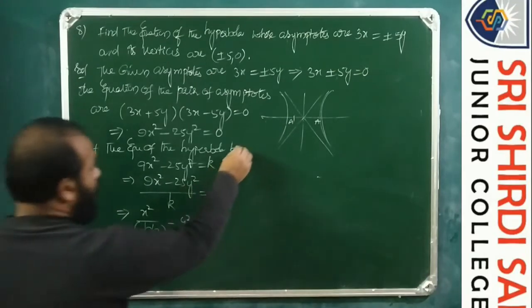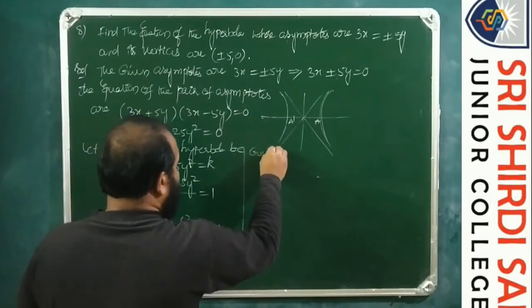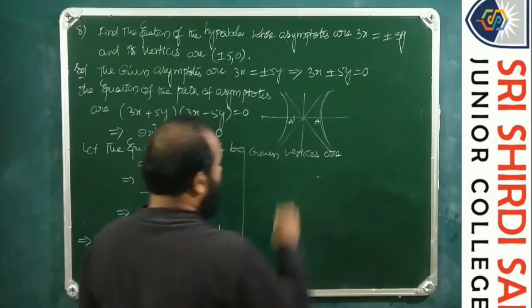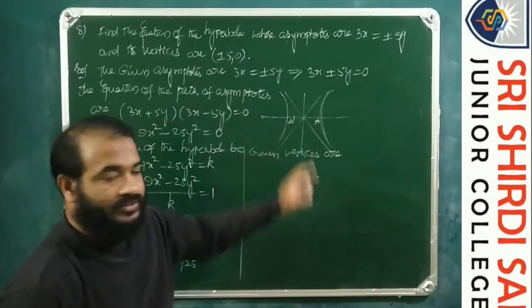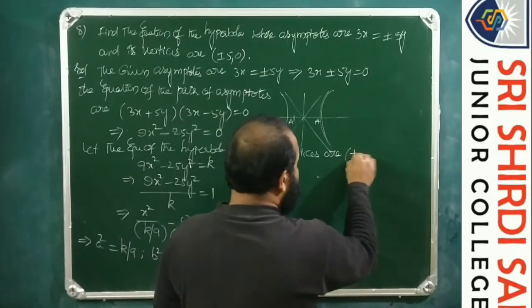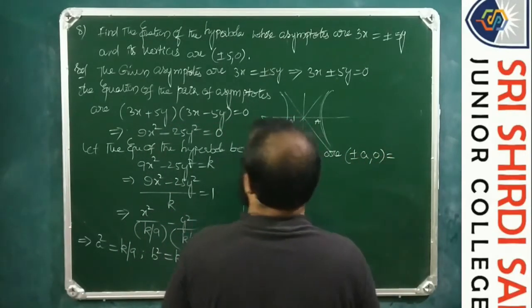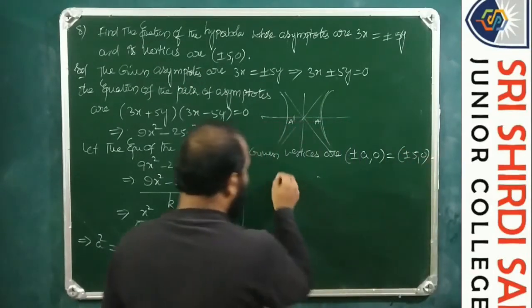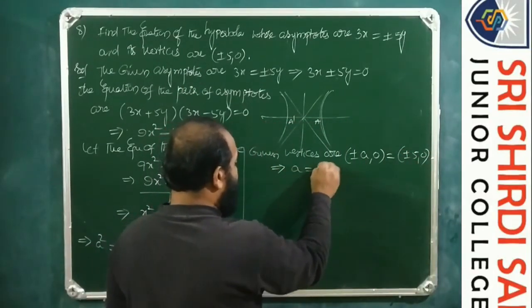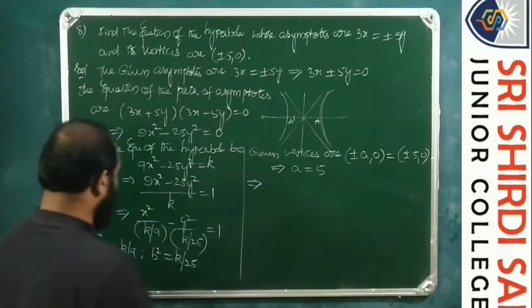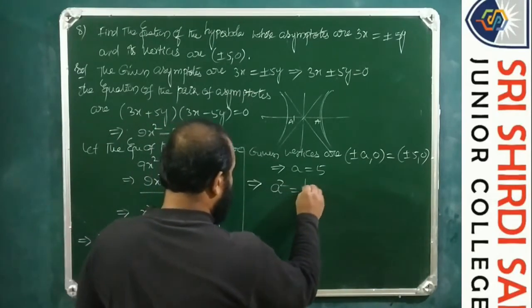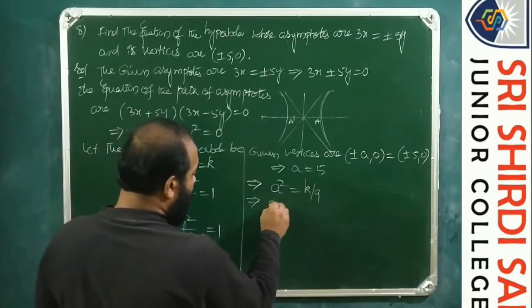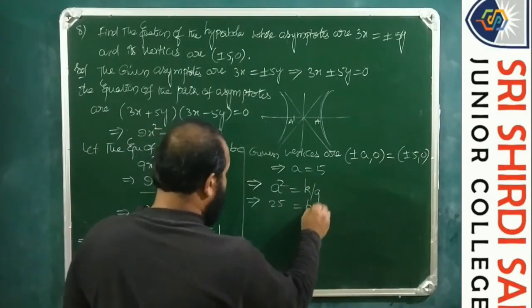So the given vertices are (±a, 0) = (±5, 0). From this, a = 5, a² = k/9, so 25 = k/9.